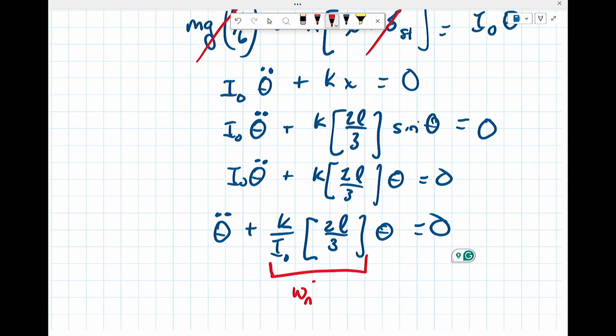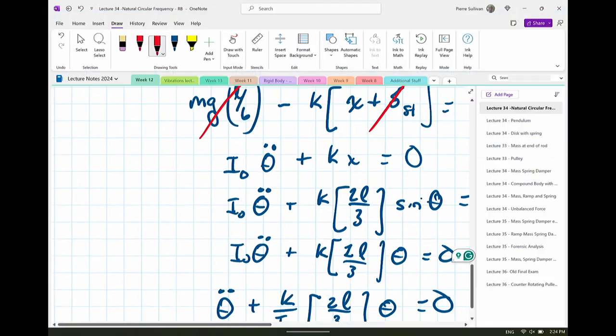This mess of terms is my omega n squared, which is my natural circular frequency. Once I write that equation, I can solve for all of the same terms and expressions I had in the last lecture, which might be worthwhile reminding you of.